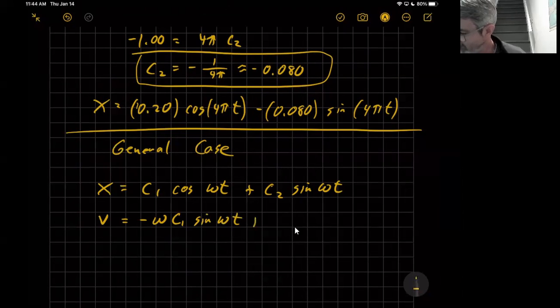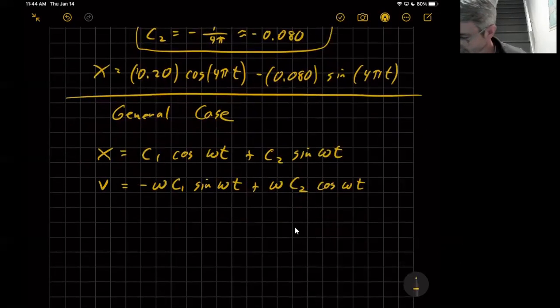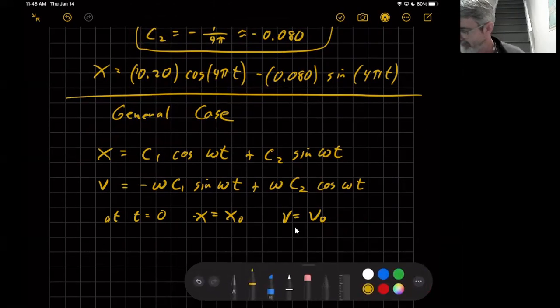And then we will get, by the chain rule, omega C2 cosine, like in the last example. Now, generally speaking, we can say at t equals 0, x is equal to x naught, and v is equal to v naught. So let's first substitute in that x equals x naught.